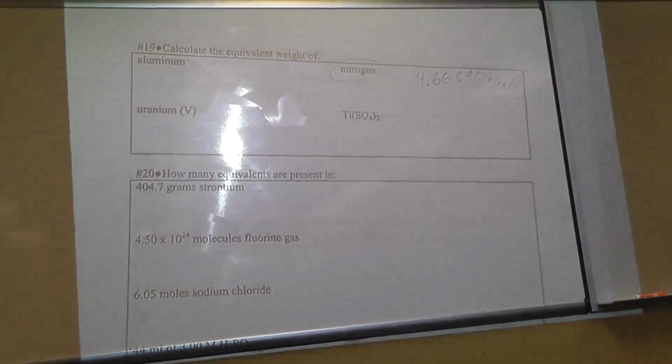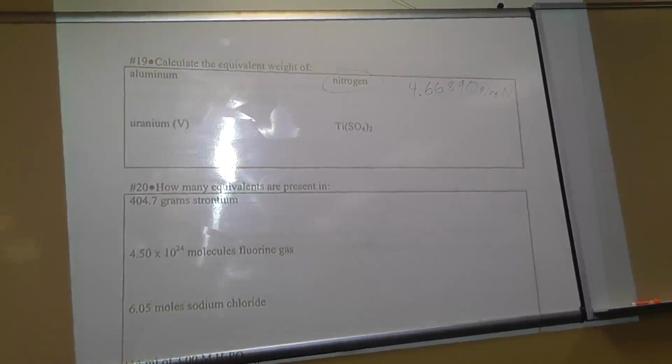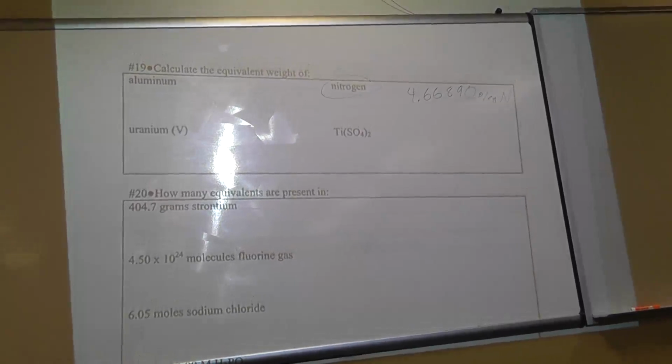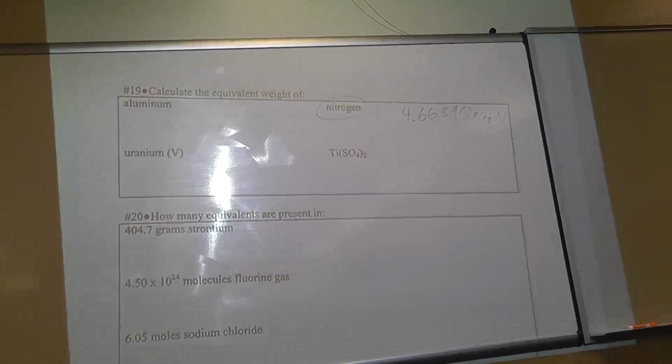The periodic table says a mole of nitrogen is 14.0067 grams. The periodic table also says nitrogen charge is -3, right? So putting those two together gives you the equivalent weight. All right, good.